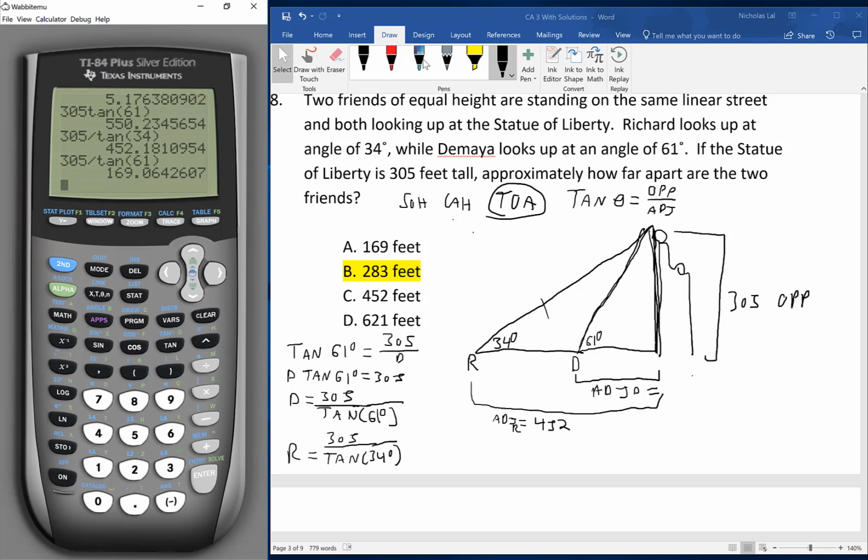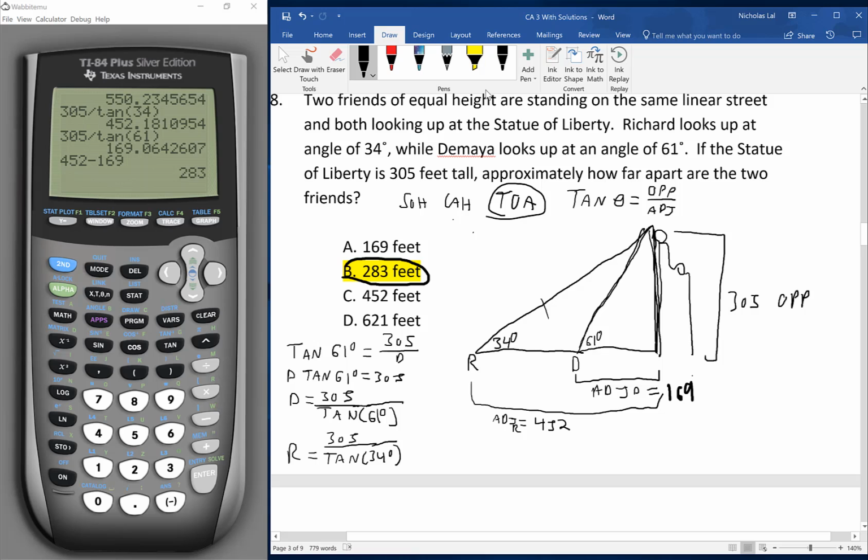That's going to be 169. This value will be equal to 169. So therefore we can do 452 minus 169. And that answer will be 283, which is our answer right here.